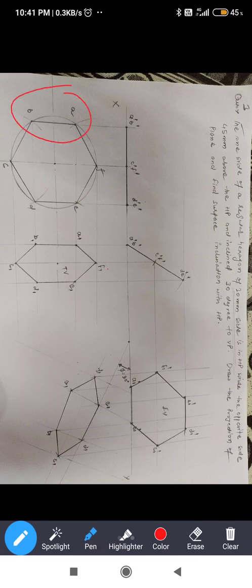You draw this on the left side, that is A and B, and it touches the plane HP and is inclined at some angle. This side is above HP, and these sides are opposite to each other. So it is given in the question that one side is on HP and the other side is above HP.